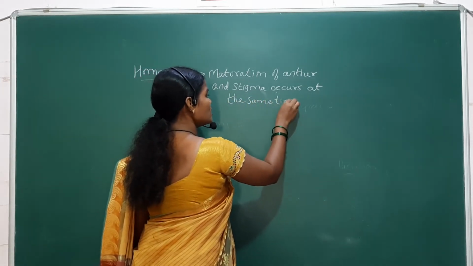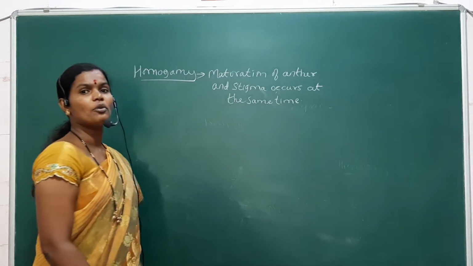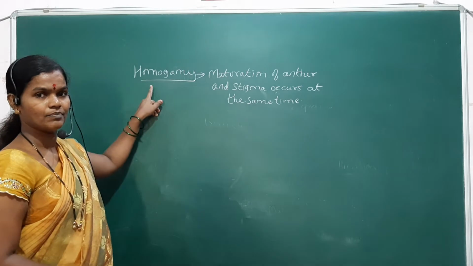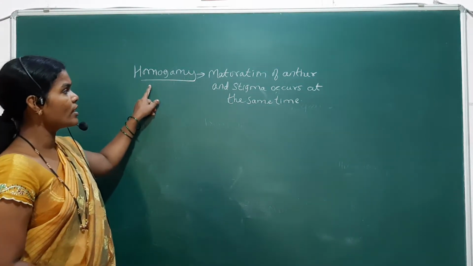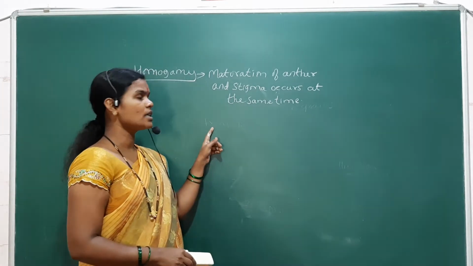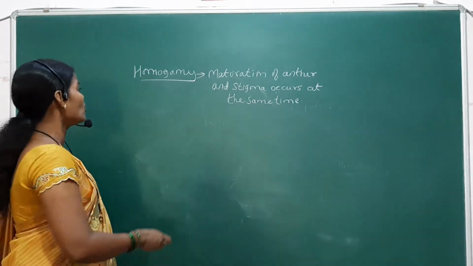Homo means similar. What happens here? Maturation of the anthers and the stigma occurs at the same time. That is homogamy.